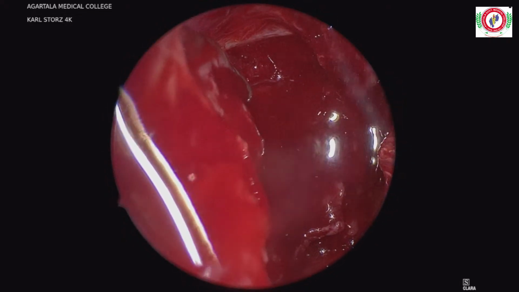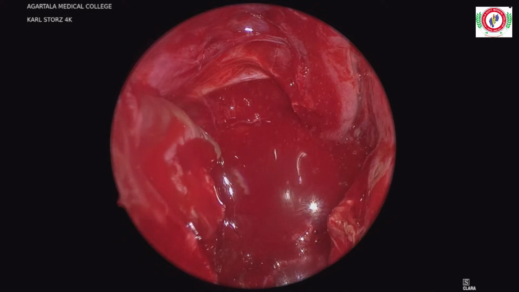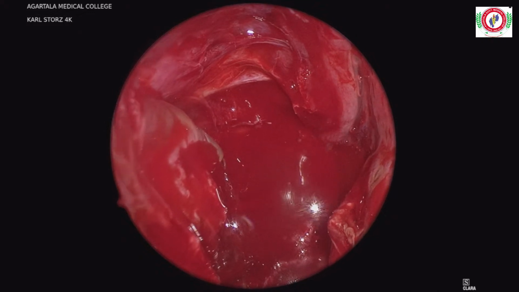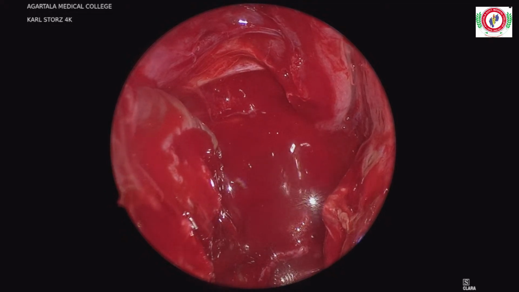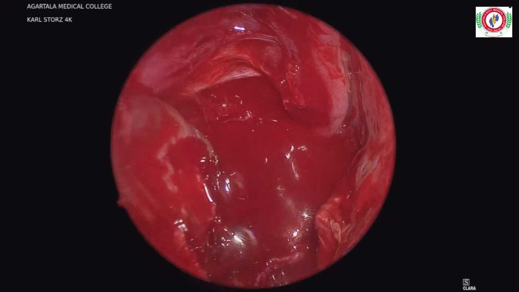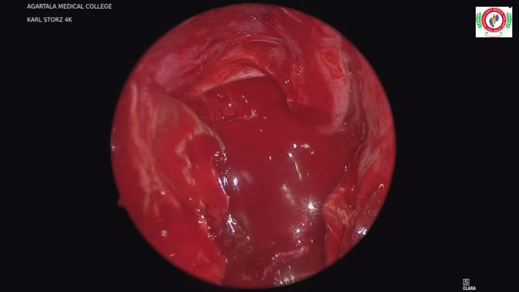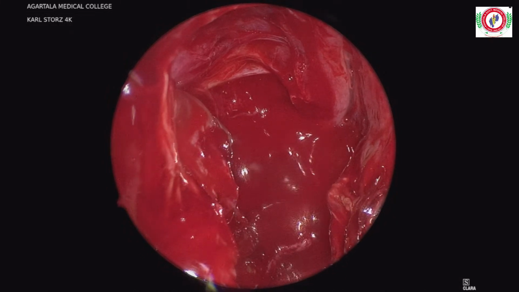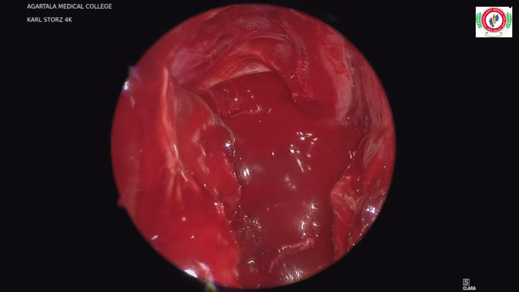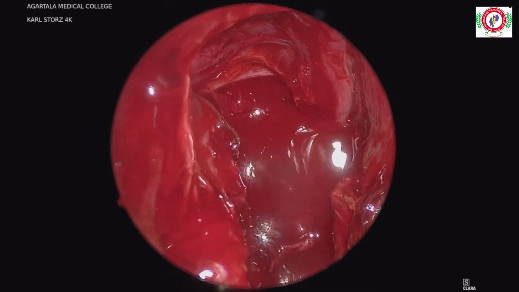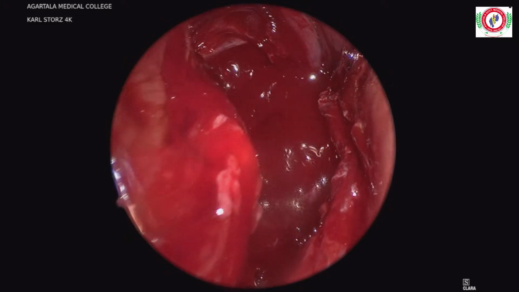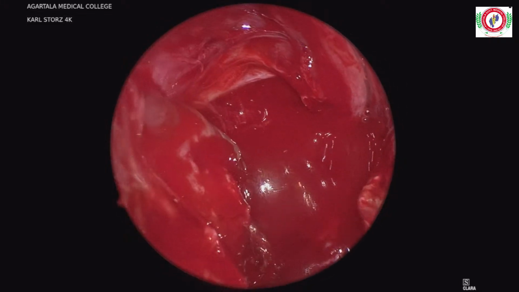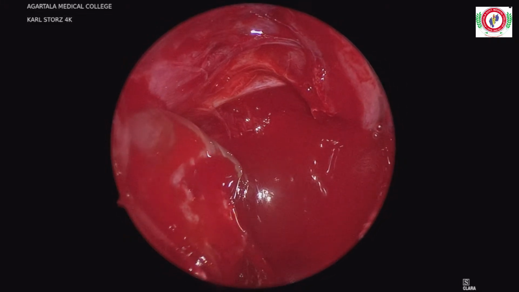The suction is not working now, the divider's is not working. So do something with the suction. Okay, give me a probe. Give me a probe. Yes, I'll do that.